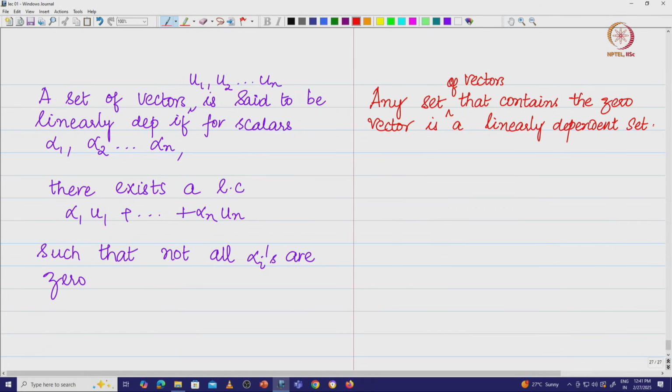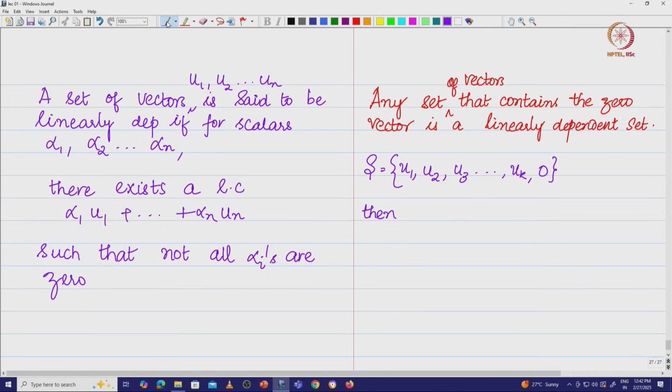What does that mean? Suppose I have this set S which contains, let us say, u1, u2, u3 etc., and then uk, and it also contains the 0 vector. Then I want to get the 0 vector as a linear combination of all these vectors.